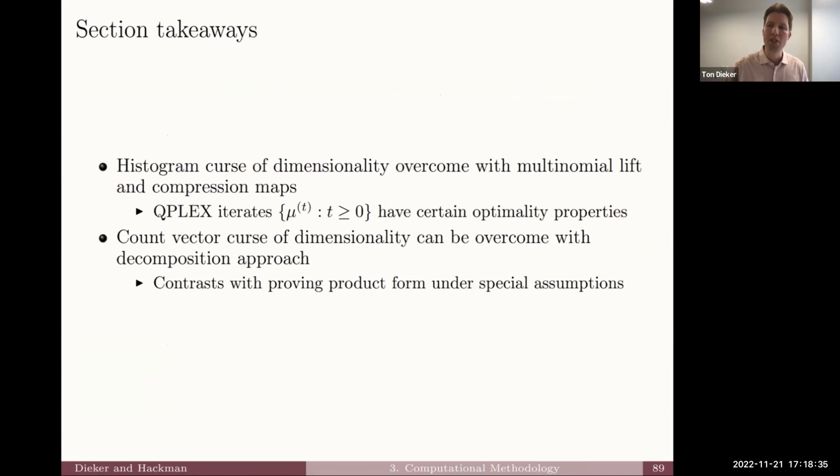And what is interesting about this decomposition approach is it's kind of the other way around from what people have classically done, in the sense that classically people build a model and then study, do I have a product form, right? Here we do it the other way around. We give the modeler the power to say, let me make these stations independent, and then do the computation. So reap the computational rewards of the independence.